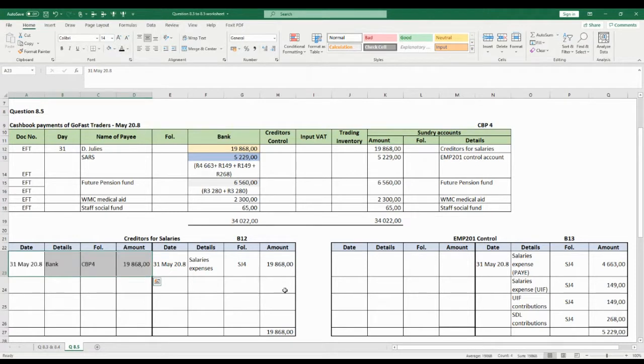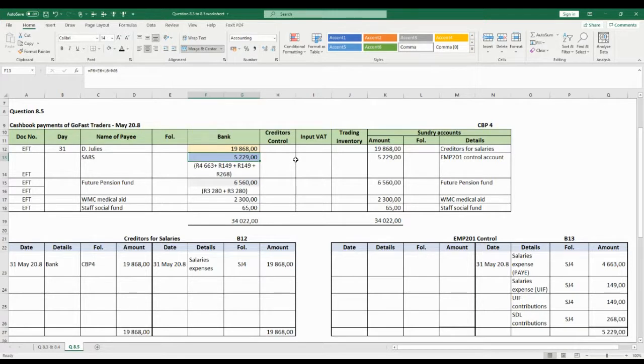We're making it less. So the debit and the credit are exactly the same, which means the balance that is carried over to the following month is zero. That means there is no amount outstanding at the end of May.